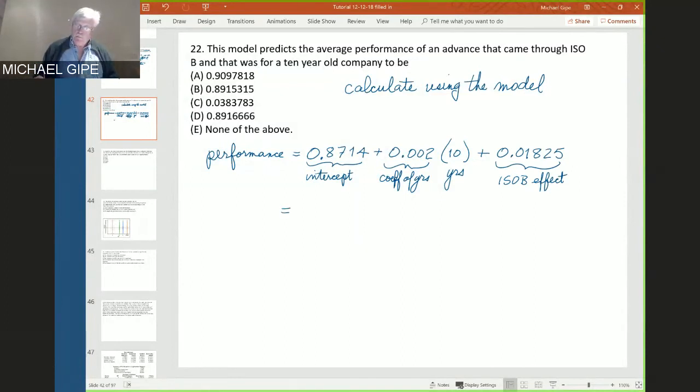If we plug all that stuff in our calculator, we get 0.909778, and that says that answer A is correct. I like those. We don't have to consider the others if we know how to do the calculation correctly.